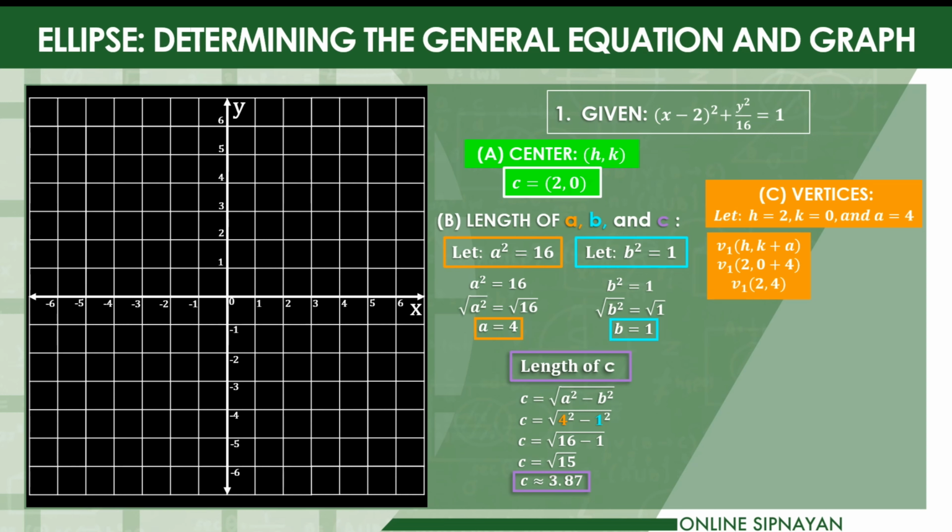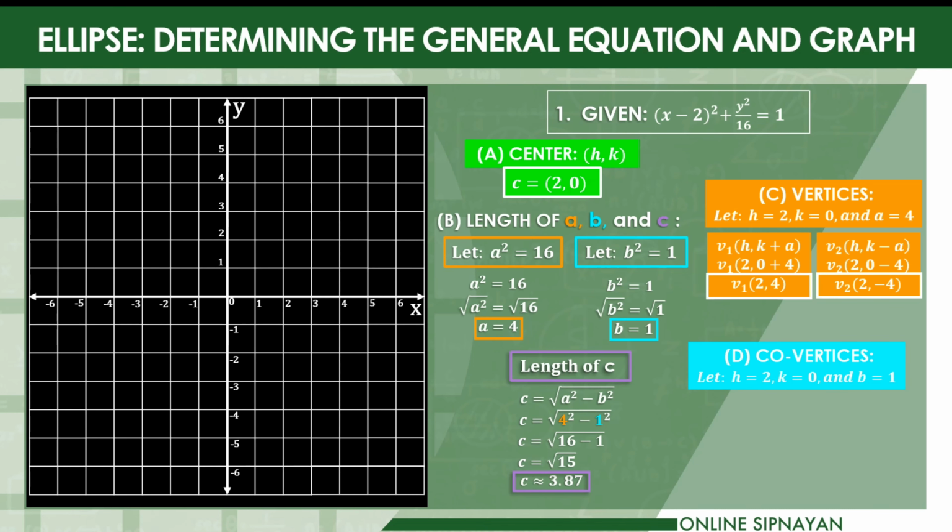Then simplify, we'll have vertex 1 at point 2, 4. Then vertex 2, which is at h, k minus a. Substitute the values. We'll have h at 2, k is 0, minus a is 4. Then simplify, we'll have vertex 2 at 2, negative 4.